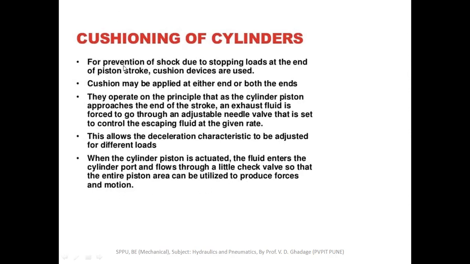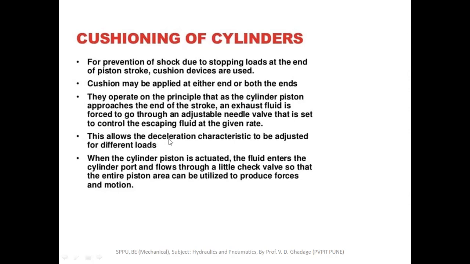For prevention of shock due to stopping load at the end of the piston stroke, cushioning devices are used. Cushioning may be applied at either end or both ends. They operate on the principle that as the cylinder piston approaches the end of stroke, the exhaust fluid is forced to go through an adjustable needle valve that is set to control the escaping fluid at a given rate.